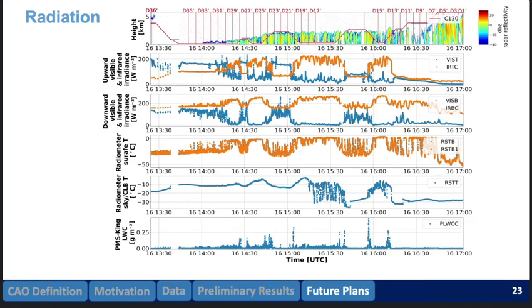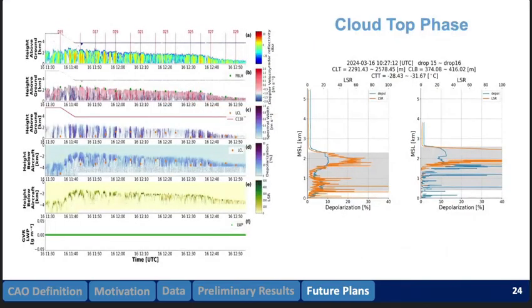Another thing is we can focus on the cloud top phase, for example the vertical structures of the LSR and the depolarization. The gray shadows here show the estimated boundary layer cloud boundaries, cloud top and cloud base. The vertical profiles show different cases. When the depolarization is relatively low and the LSR is relatively low, this is a mixed phase case.